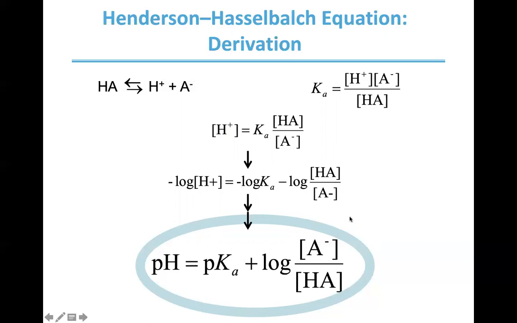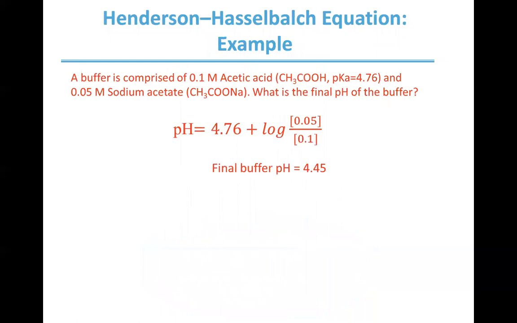What this equation will do for us is allow us to calculate the pH of a solution of a weak acid, depending on the pKa of this weak acid. And I think there are a couple of problems in your Sapling homework on the use of this equation.